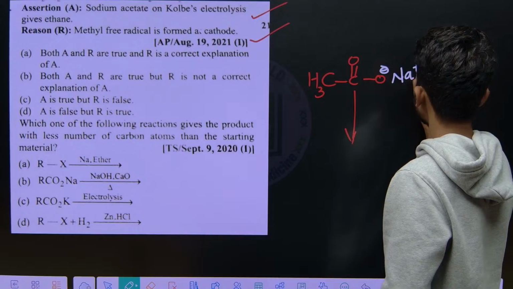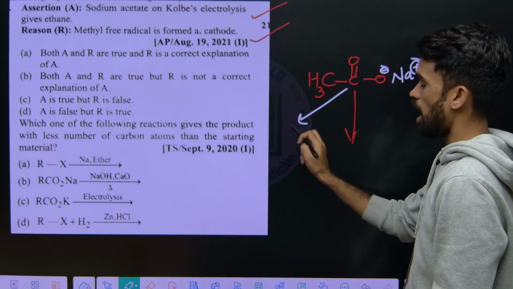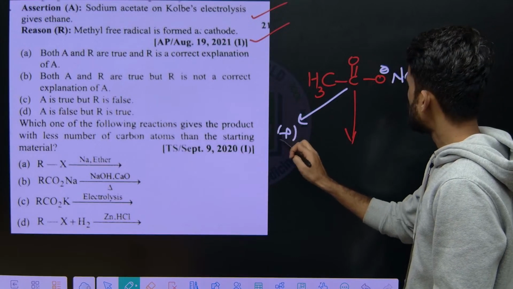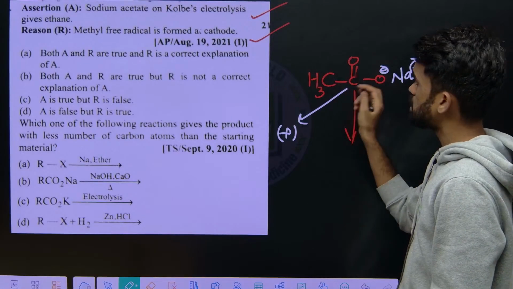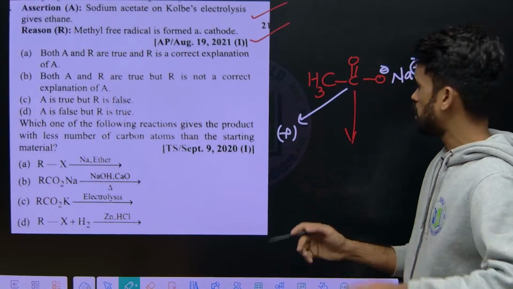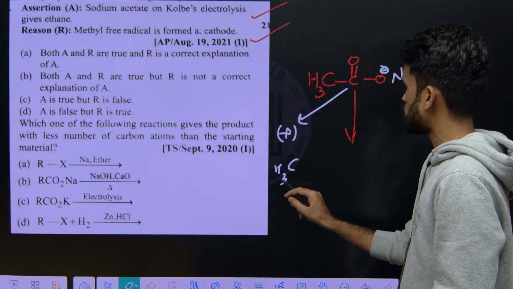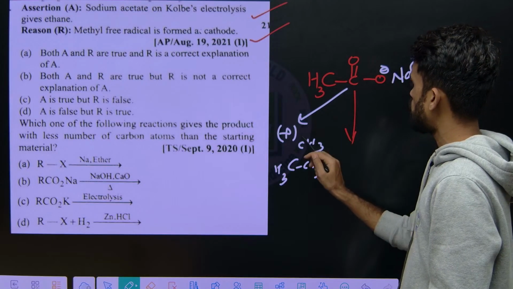Now what happens on Kolbe electrolysis? This anion goes to the anode side, which is the positive terminal. There oxidation takes place, CO2 gas will be removed, that generates a methyl radical. That methyl radical will dimerize, I mean they will couple, and give ethane as a product. What is the product formed? Ethane. And where do we get this methyl radical? Those are formed at the anode.